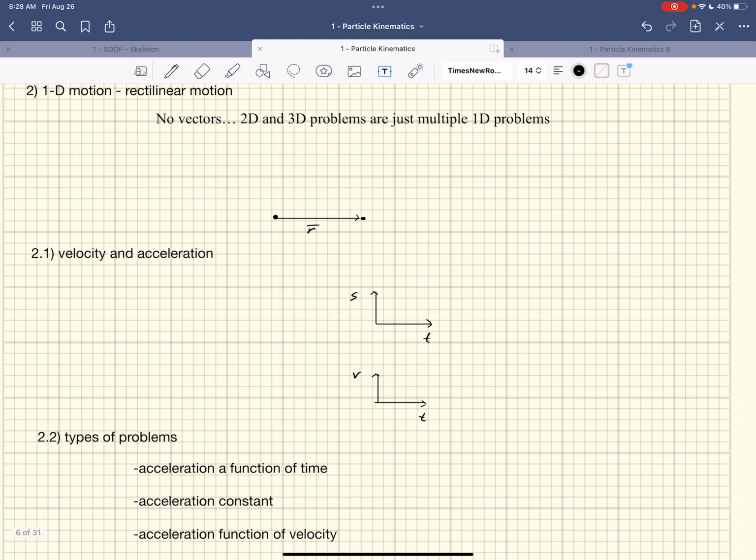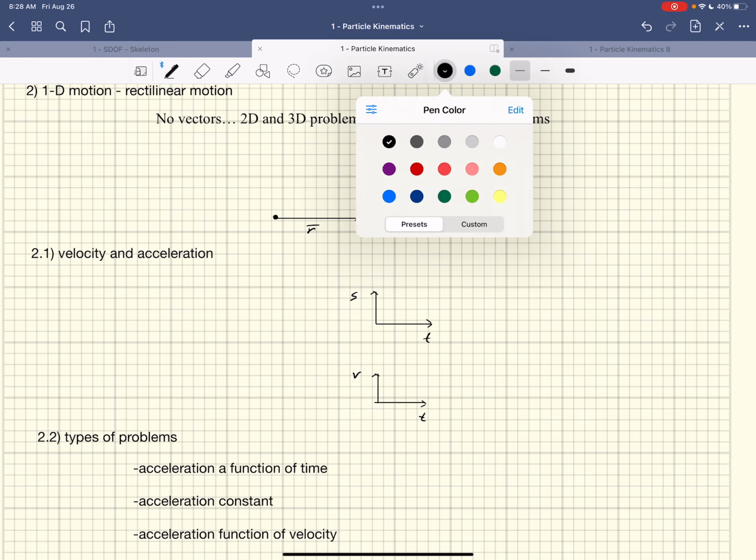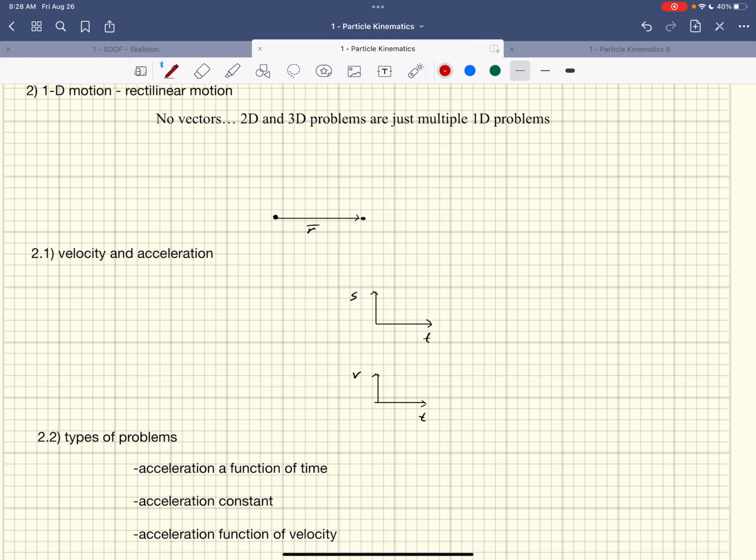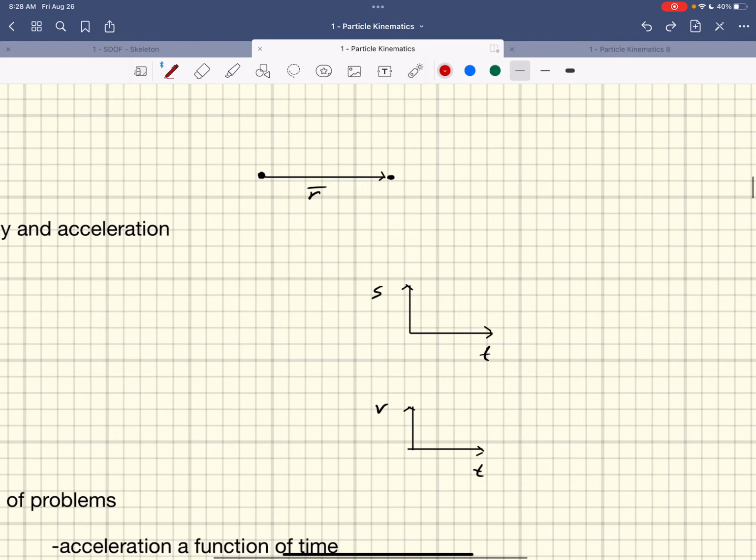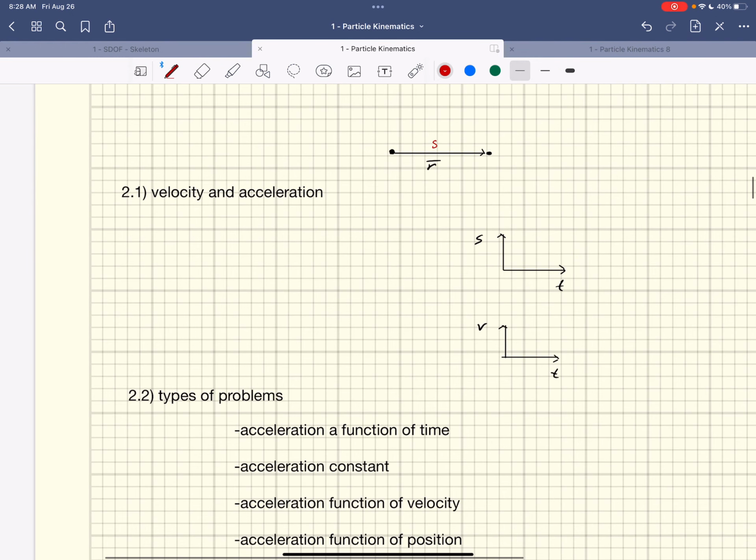Here it is, our position going from one thing to the other, that position r. The book calls the position, when it's just a 1D problem, just s. We're going to drop the bar on top of it and call it s.